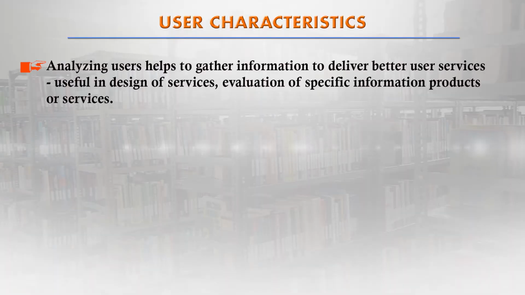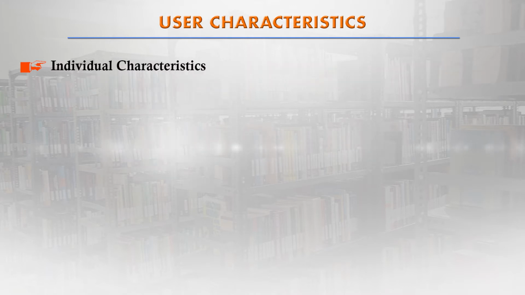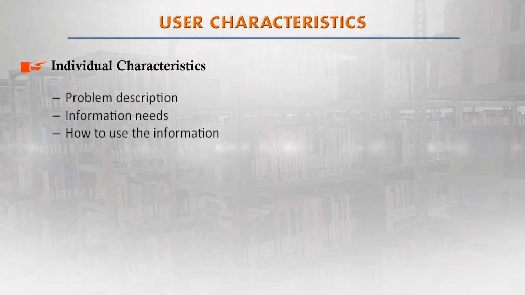Now when a user visits the library, you can analyze their different user characteristics, like any individual characteristics you measure of a user. How, or in what way, they explain their problems, whether they are well versed with the problem they are facing or not, and what kind of information they are looking for.